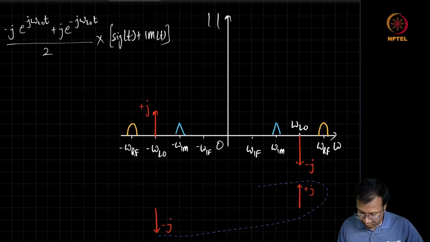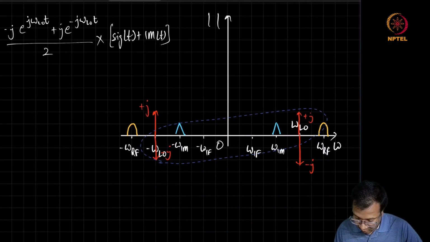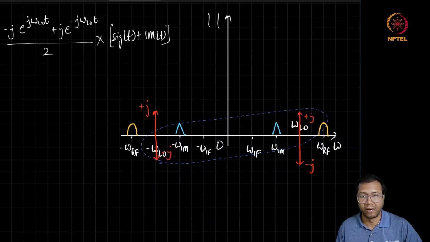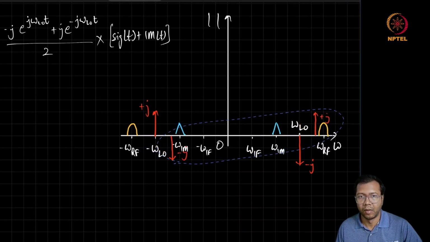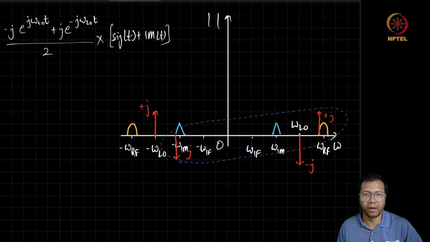So first, the sine omega LO signal has been flipped along the y-axis, and now if we move on the right side, we can easily see that the positive frequency of the signal is going to multiply with plus j, whereas the negative frequency component of image is going to multiply with minus j.